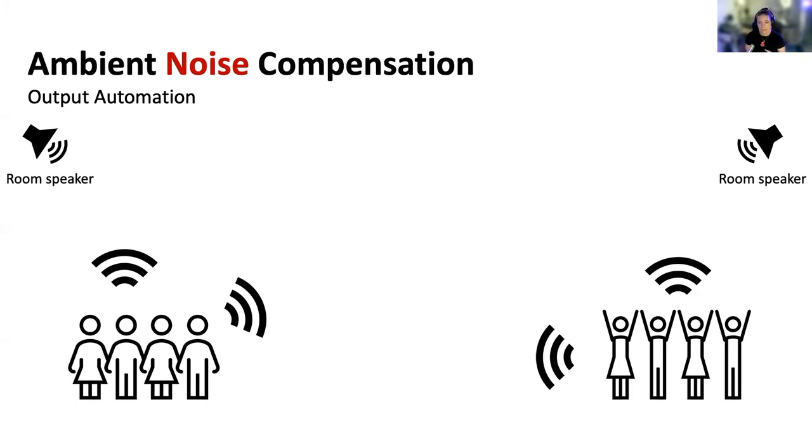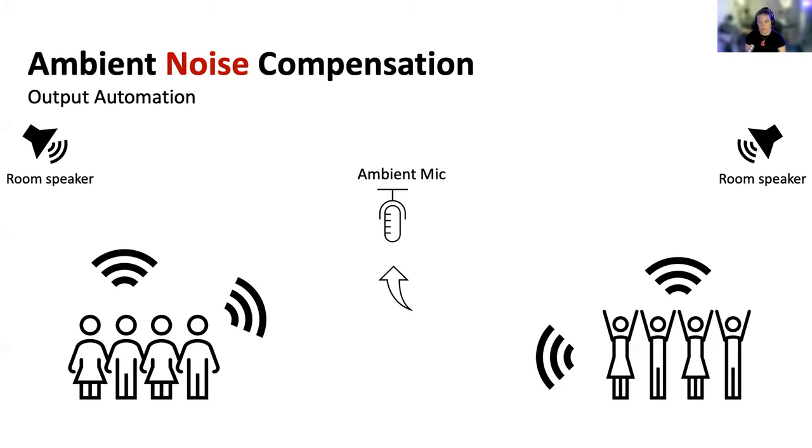So in essence, ambient noise compensation is a way for us to automate the output level of a zone or an area based on who or how loud an area is. So we've got some people hanging out here. We've got our room speakers. And then we insert this ambient mic. The ambient mic is actually listening to how loud this area is going to be.